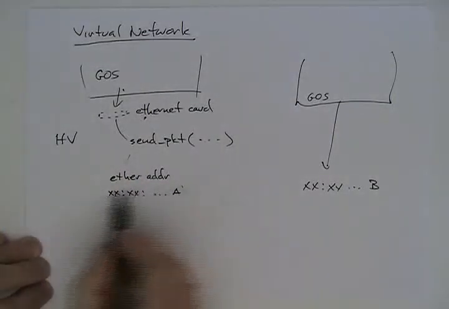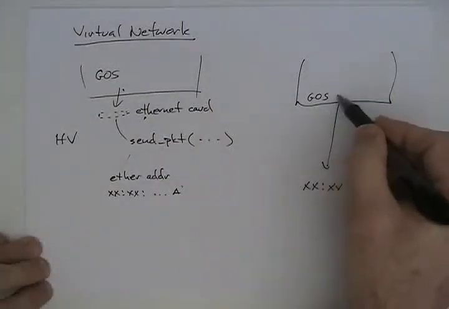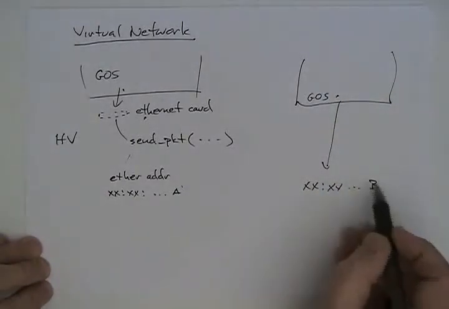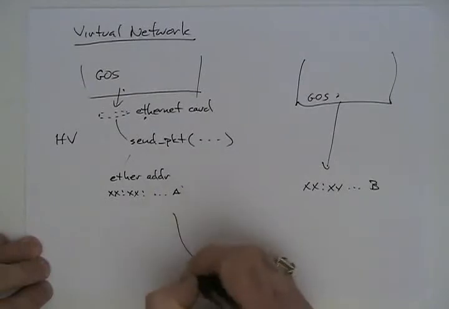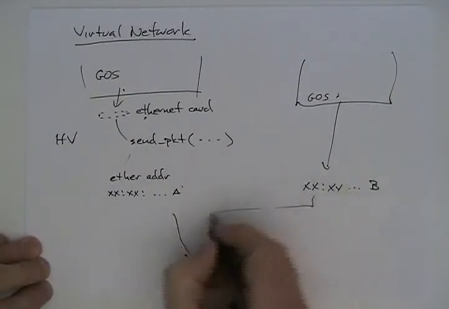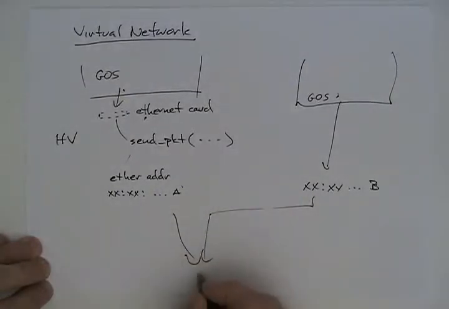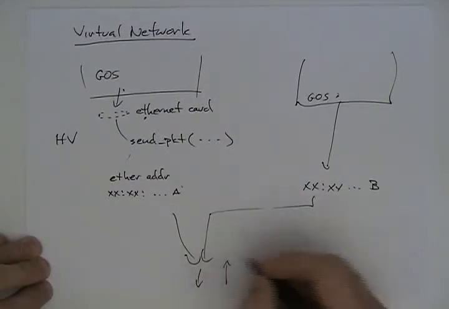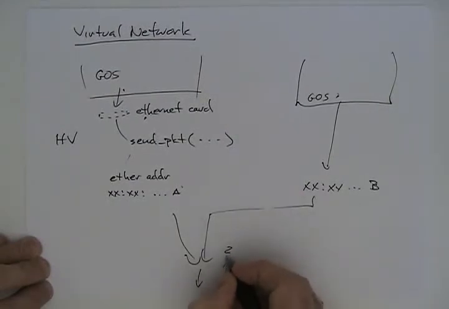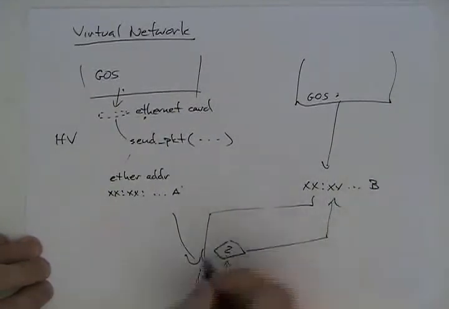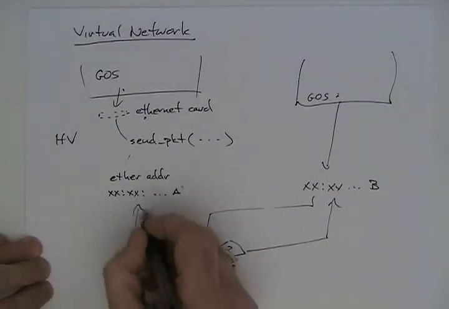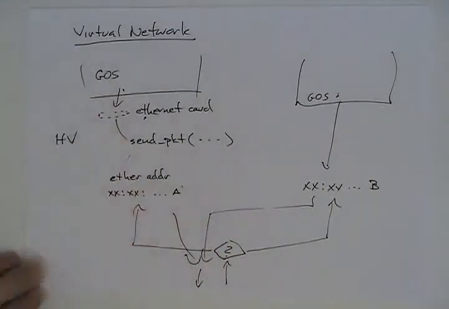It responds with this. When this other guest OS asks what's your address, it gets this other address. And then when you send packets, these both go out on the wire.